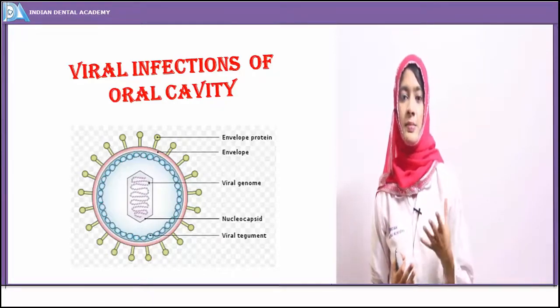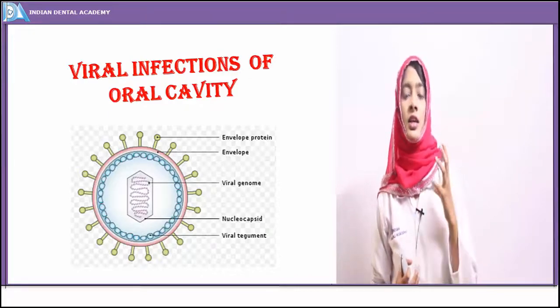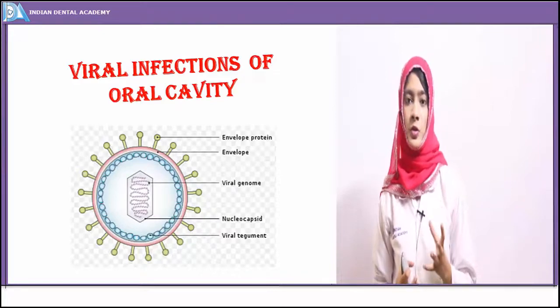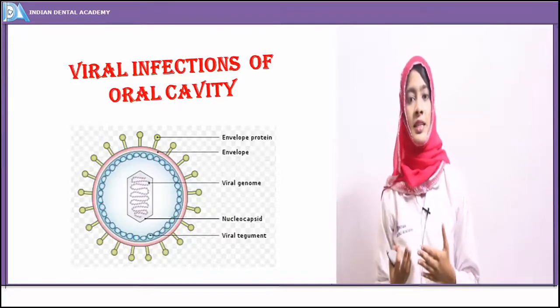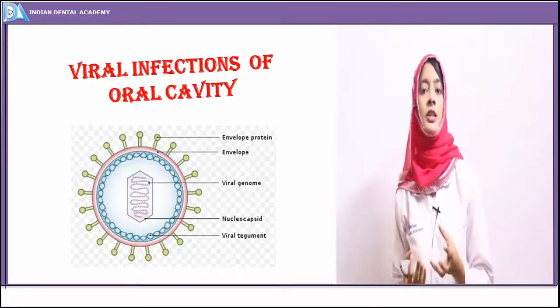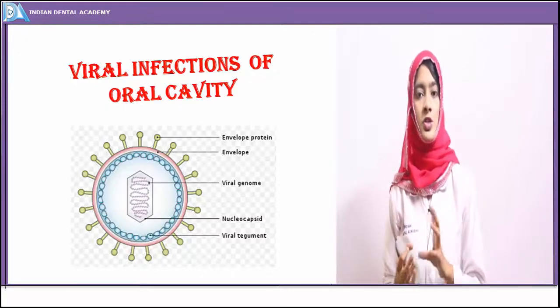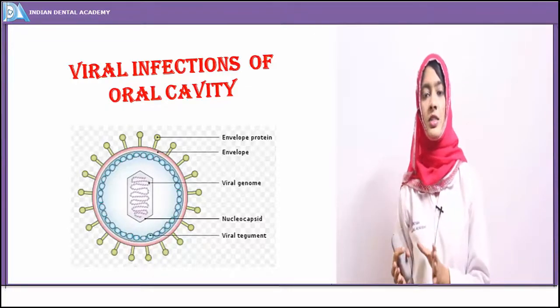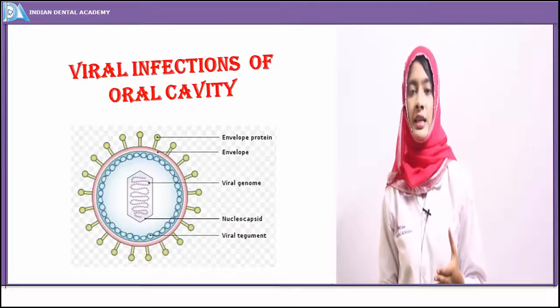A virus is basically a submicroscopic entity which has the capability of reproducing, in humans especially. The structure of a virus is made of either an RNA genome or a DNA genome. So depending on the genome, viruses are of two types: the DNA viruses and the RNA viruses.